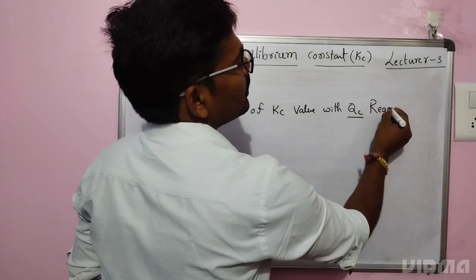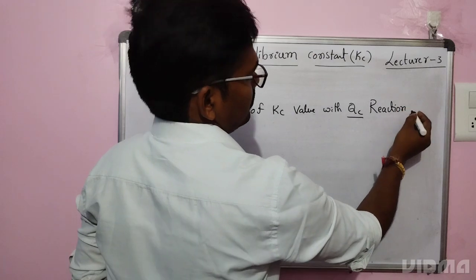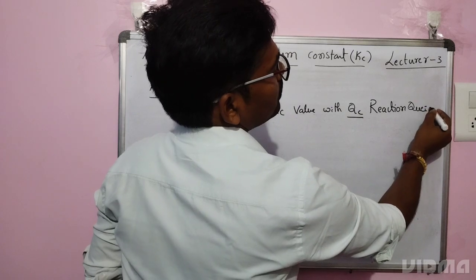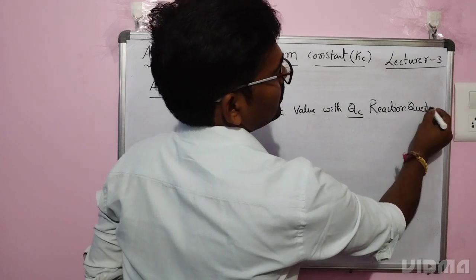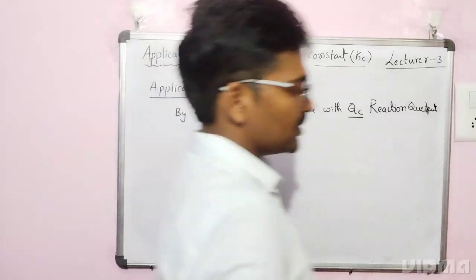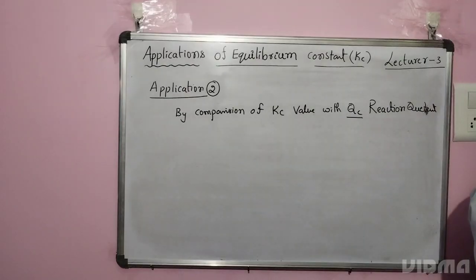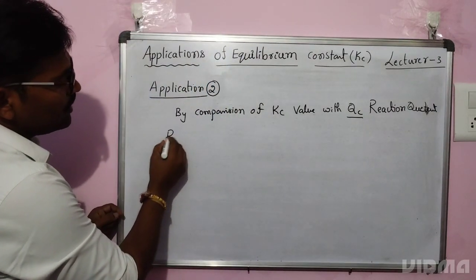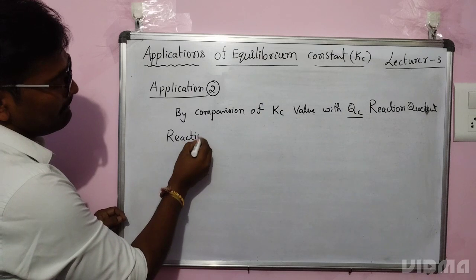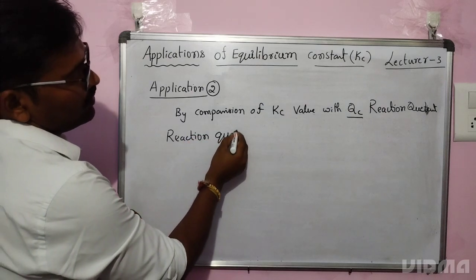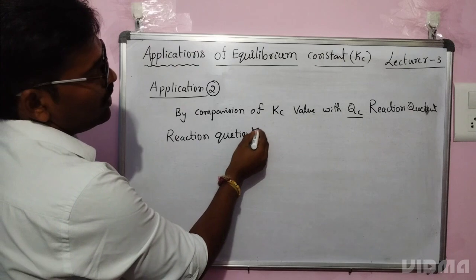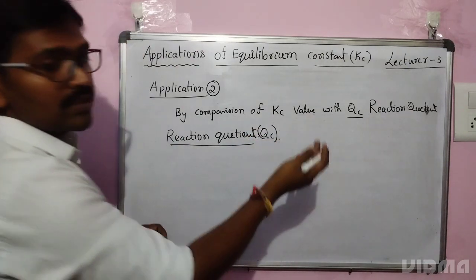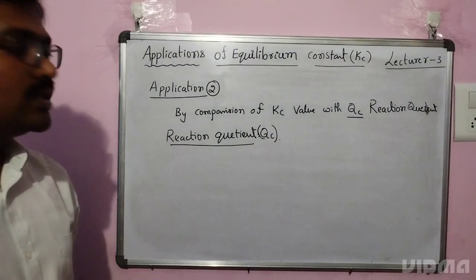That is the reaction quotient. What is the reaction quotient? That is Qc we are representing. So Kc is the equilibrium constant, Qc is the reaction quotient.